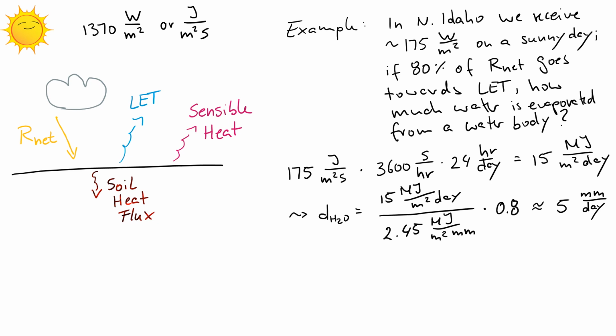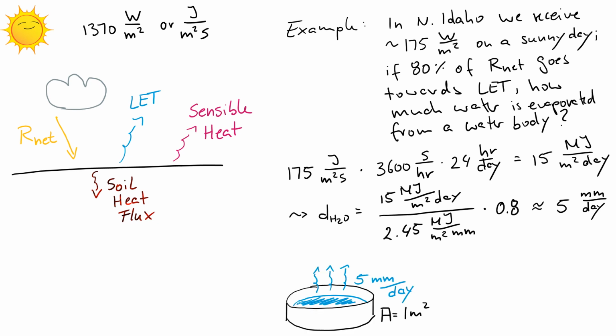And if we calculate this out, we get to 5 millimeters per day, meaning that from an open water surface with the area of 1 meter squared, we would expect to evaporate about 5 millimeters per day of water.